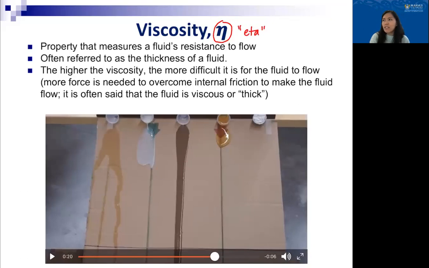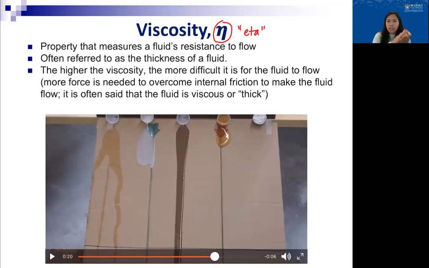Okay, so that's the qualitative description of the viscosity. Now, if we look at how we represent viscosity mathematically, we'll have to go back to shear stress and strain. This viscosity would then be related to how the fluid is deformed, right?